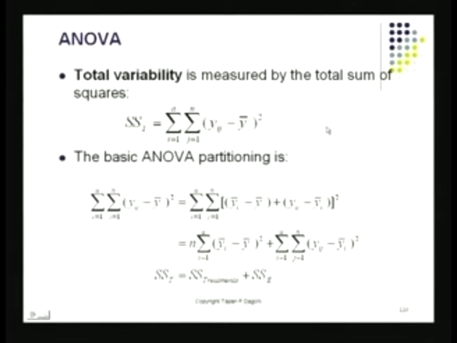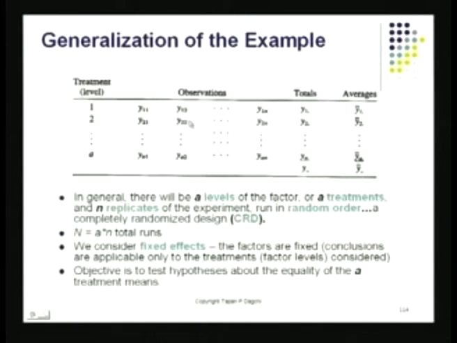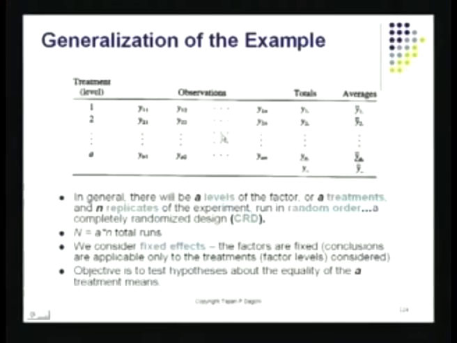If you look at the total variability, what is the total variability? Our quantities are these yij. At some point, something will be called yij. That is the response of my treatment being at level i and my replication number being at j.